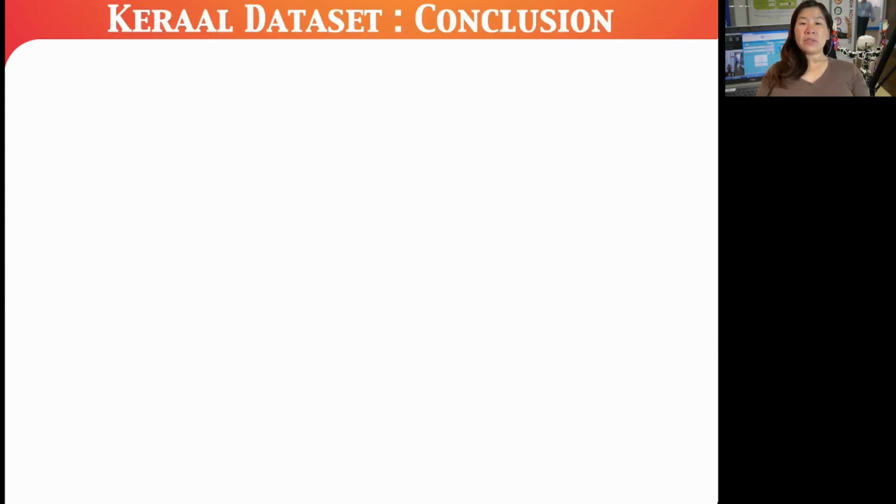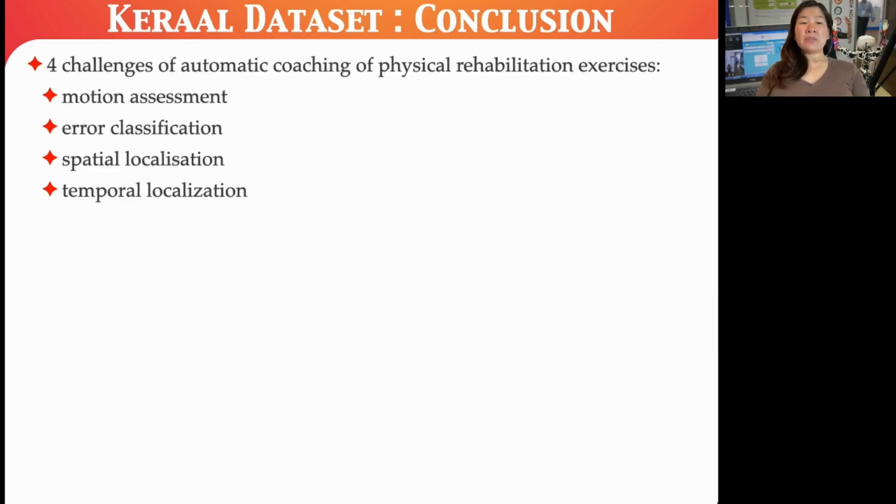To conclude, our Keraal dataset comes from our identification of 4 challenges of automatic coaching of physical rehabilitation exercises: first, motion assessment, then error classification, spatial localization, and finally, temporal localization.